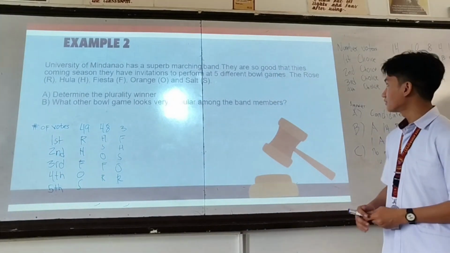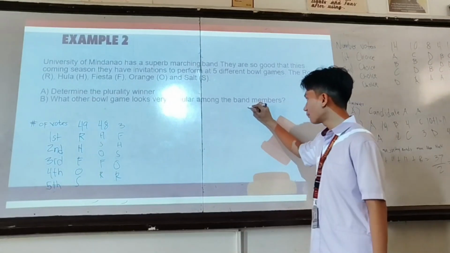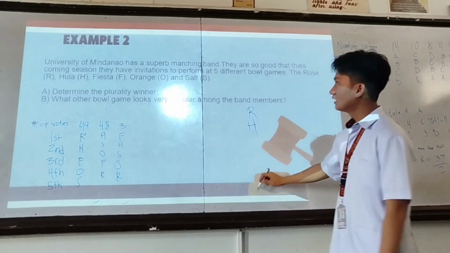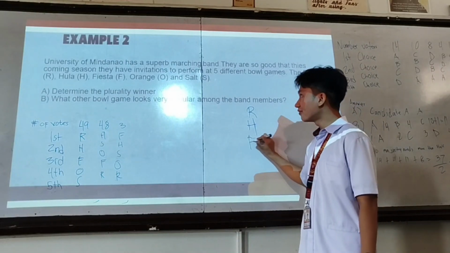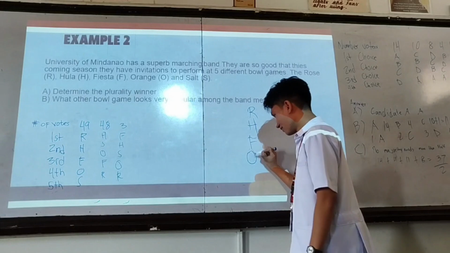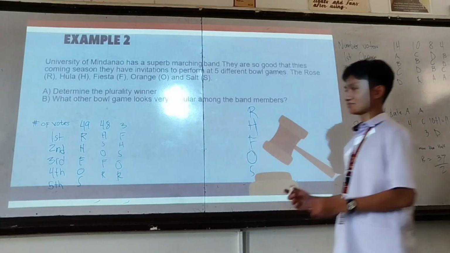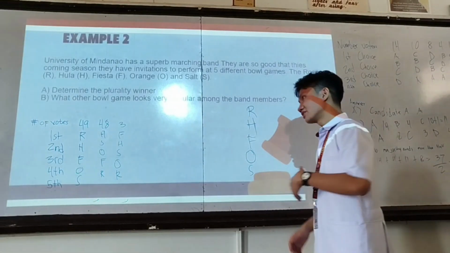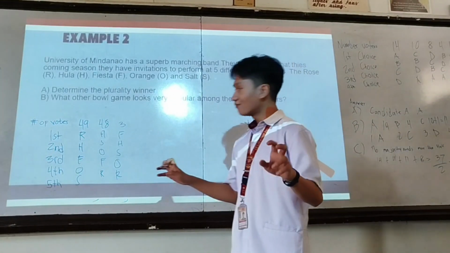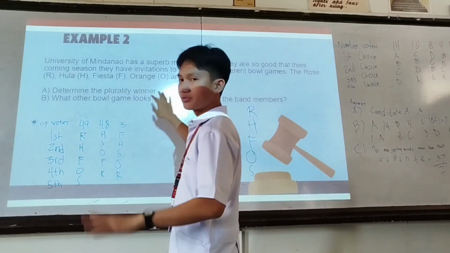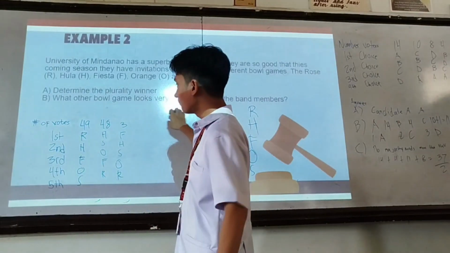Now let's assume the Rose will represent R, Hula will represent H, Fiesta F, Orange is O, and the Soul is S. Now let's assume that this is the tally of votes from the first 5 choices for the marching band.